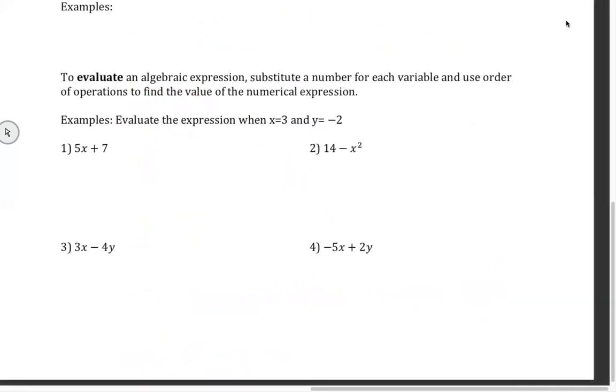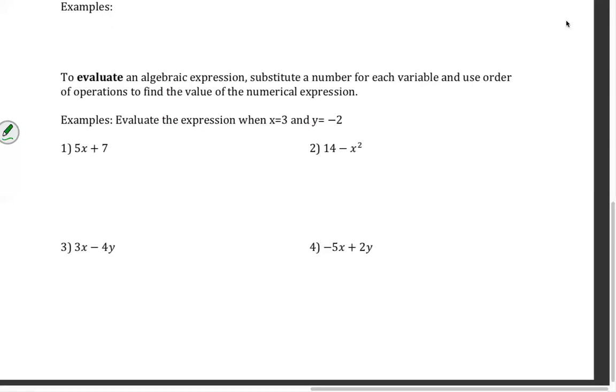And at the start of the lesson, Mackenzie says evaluate means to make it simpler. So in these, evaluate is going to mean replace the variable with the number. All right? So to evaluate an algebraic expression, substitute a number for each variable.